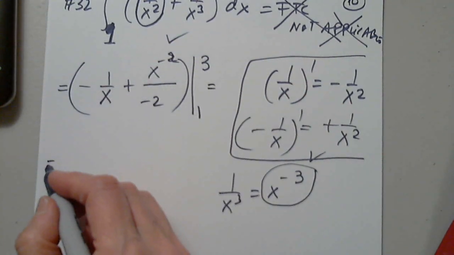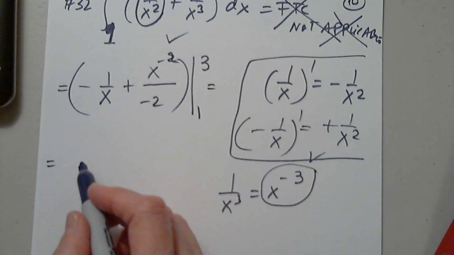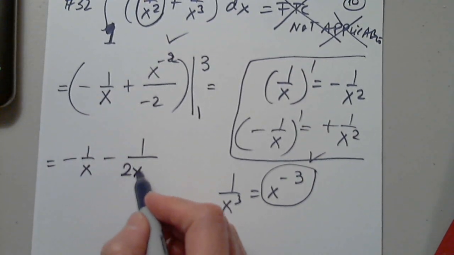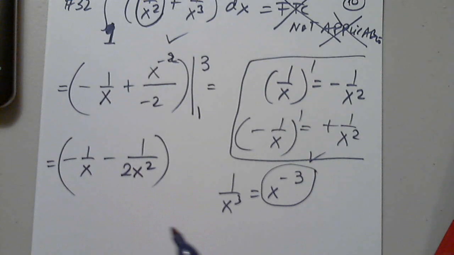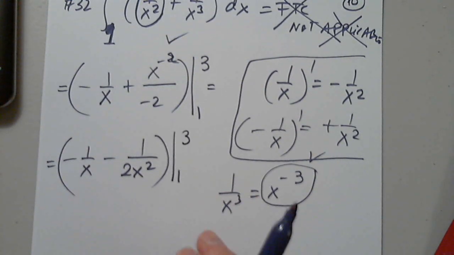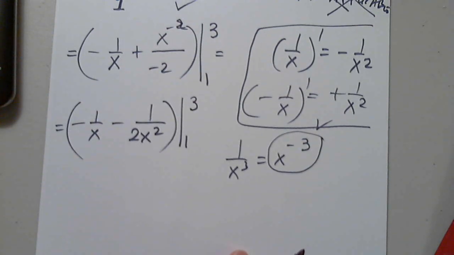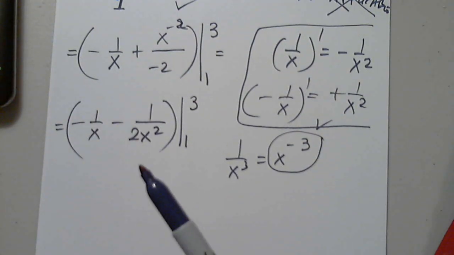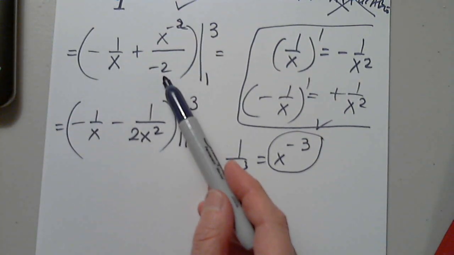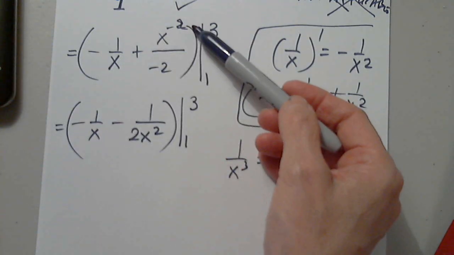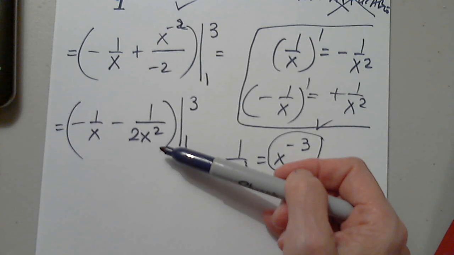So I will rearrange it. Negative 1 over x minus 1 over 2x squared from 1 to 3. Negative 1 over x is negative 1 over x. Then the negative 2 in the denominator changes the sign in front, and x to negative 2 goes to the denominator.